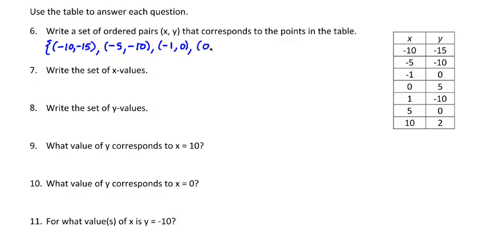0 corresponds to 5. 1 corresponds to -10. 5 corresponds to 0. And lastly, 10 corresponds to 2. So that's just really getting you to understand that from a table of points we can actually list a set of ordered pairs, which is a relation, which you'll learn soon.